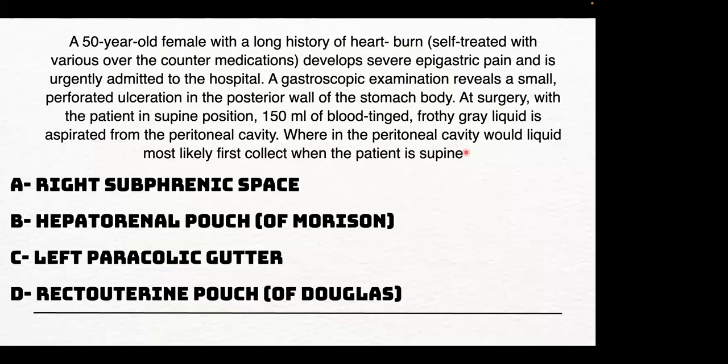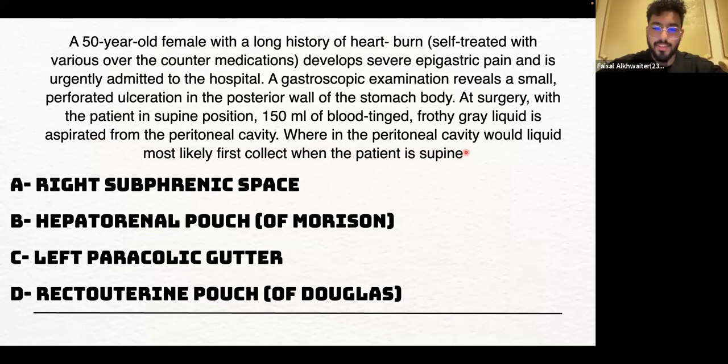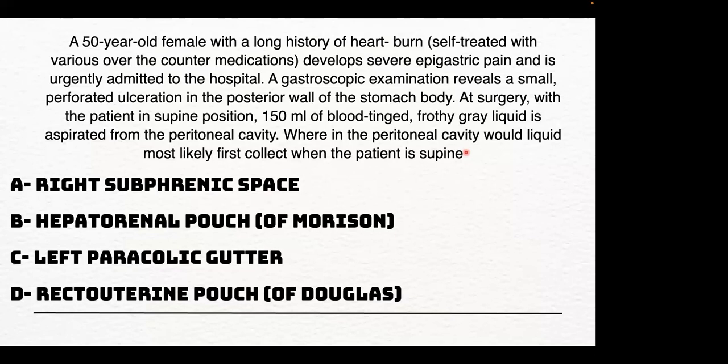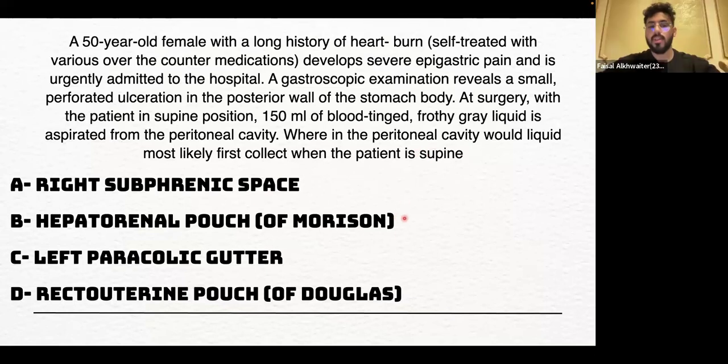This will be the rectouterine pouch of Douglas. Initially, I will put D, but then I'll go back to read the answer. He's asking about supine, so it would be hepatorenal. Supine is key. So I'll go back to read the question now.